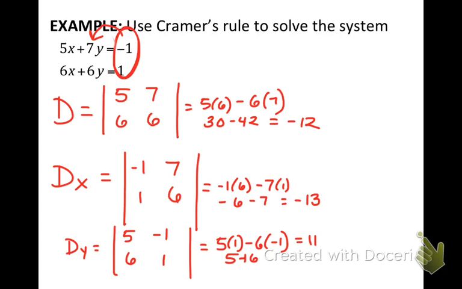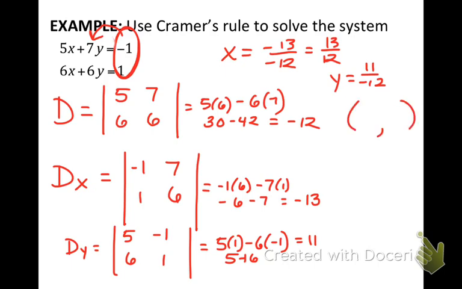All right. What's your ratio for your x? X is equal to what over what? Negative 13 over negative 12, which would just go to 13 twelfths. My y would be equal to 11 over negative 12. So my solution is the ordered pair 13 twelfths, comma, negative 11 twelfths.